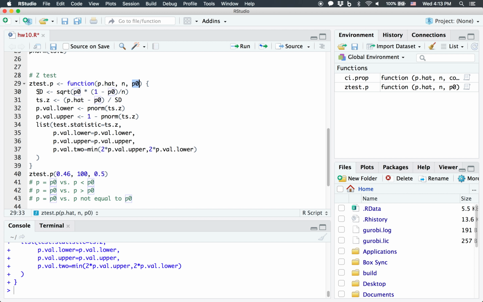Just like I explained previously, it calculates the standard deviation, test statistic, and p-value lower, p-value upper, and p-value 2.